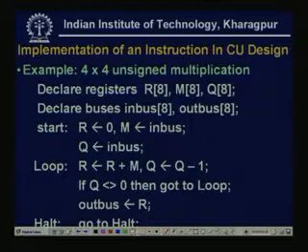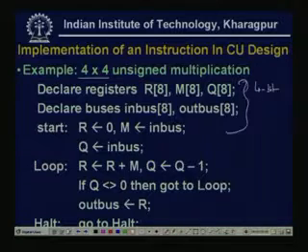Last day we have seen this example. Now, declare buses: in bus 8, out bus 8, or in bus 4, out bus 4. So, here it is 8 bit registers, they are 8 bit in bus, out bus. For 4 by 4 we can have 4 bit registers, and in bus, out bus can be declared.